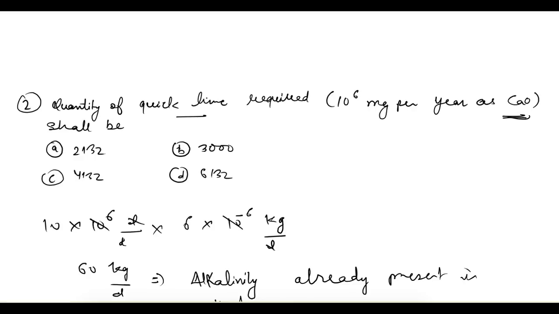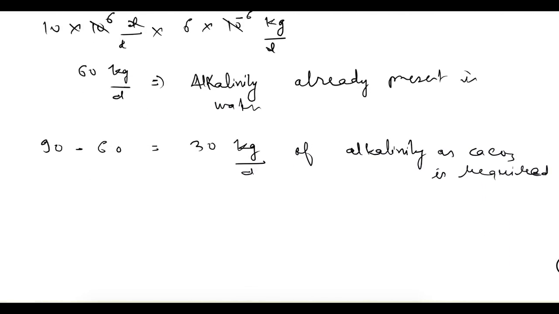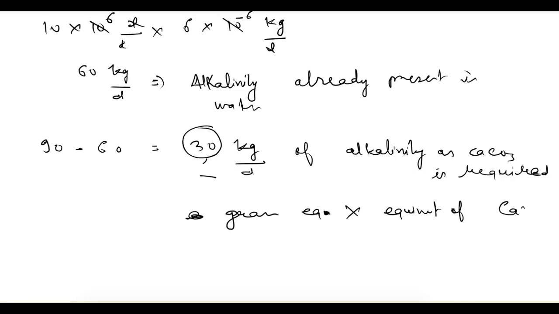Now we have to find out how much quicklime, that is CaO, has to be added to obtain this 30 kilograms per day of alkalinity as CaCO3. So instead of CaCO3, we can convert this value in terms of CaO. The same logic as earlier, that of gram equivalent: find the gram equivalent, multiply with the equivalent weight of CaO, and that will give you the quantity of CaO.